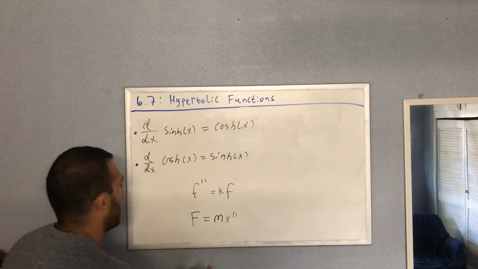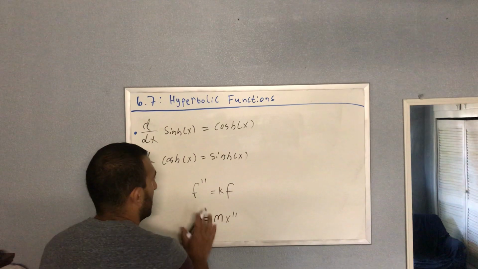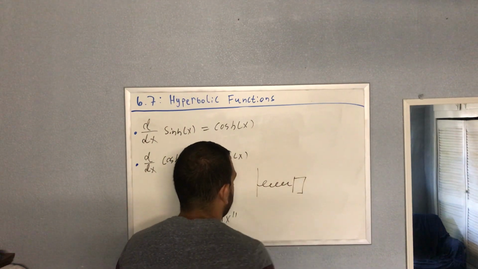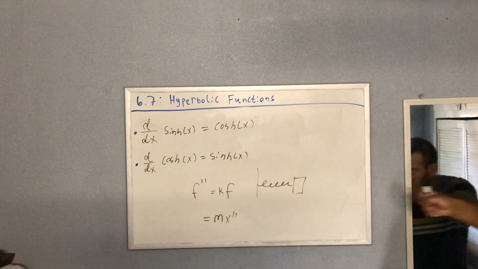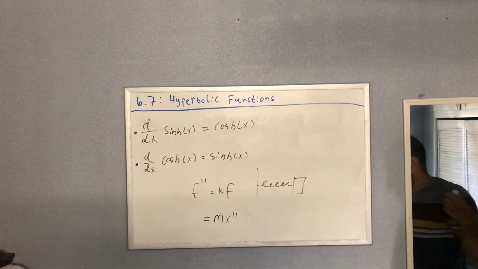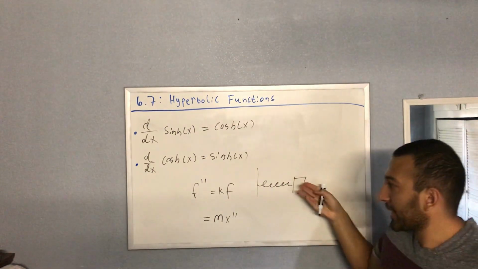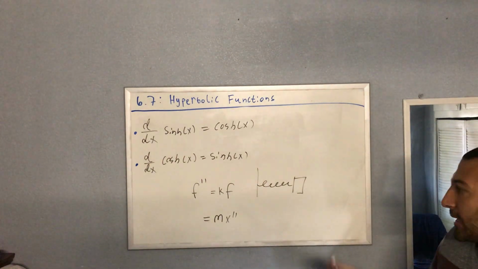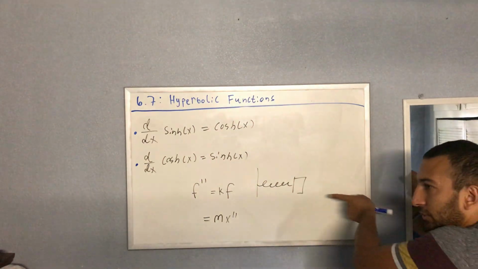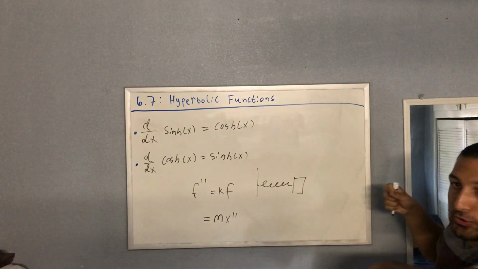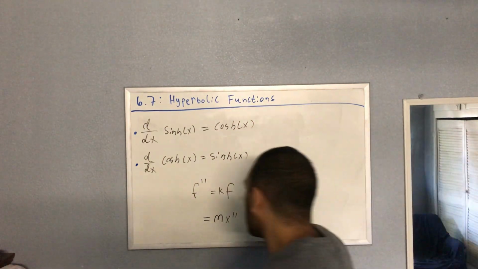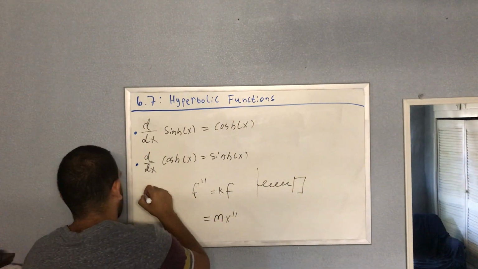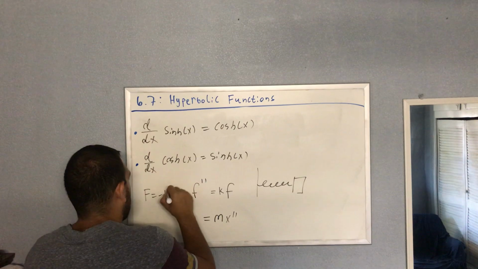So for example, in Hooke's law, it says if you have a spring attached to a mass, and then you pull on this guy, the force that the spring is creating in the opposite direction is proportional negatively, right? Because if you're pulling to the right, the force should go to the left. So Hooke's law is, you know, F equals negative kx.